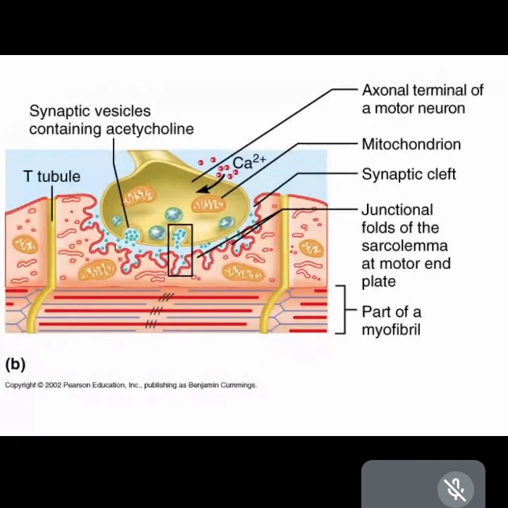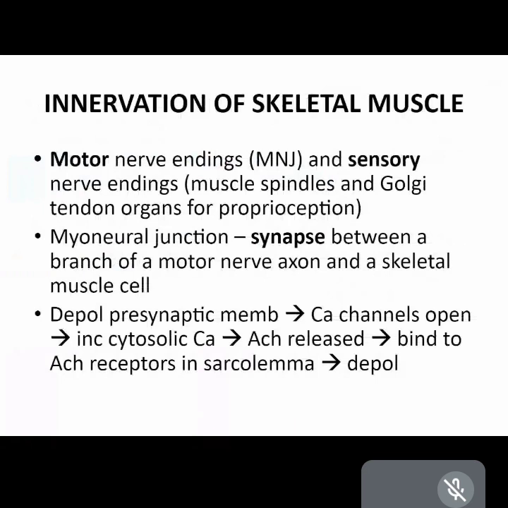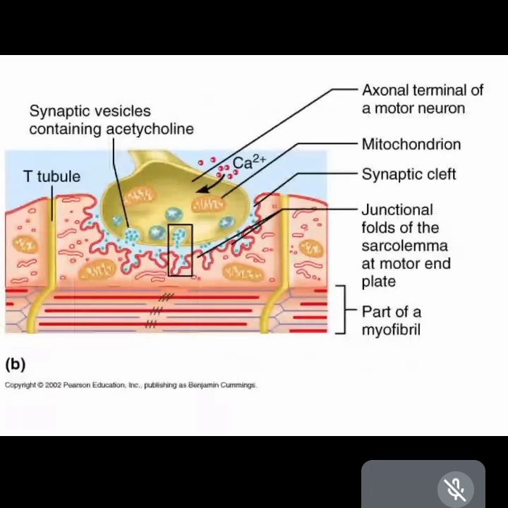It will then release acetylcholine, and then after that, the acetylcholine receptors in the sarcolemma will again depolarize. So first, the acetylcholine is released, and then they will bind to the sarcolemma again, and then the process begins again.